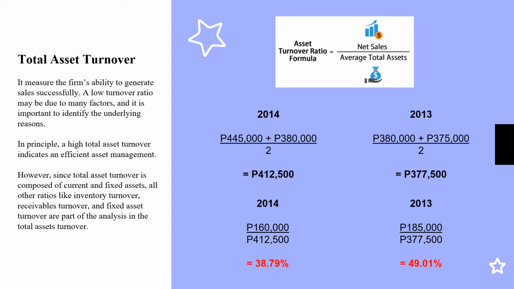So in principle, a high total asset turnover indicates an efficient asset management. However, since total asset turnover is composed of current and fixed assets, all other ratios like inventory turnover, receivables turnover, and fixed asset turnover are part of the analysis in the total assets turnover.